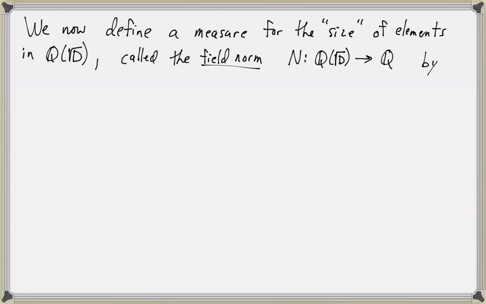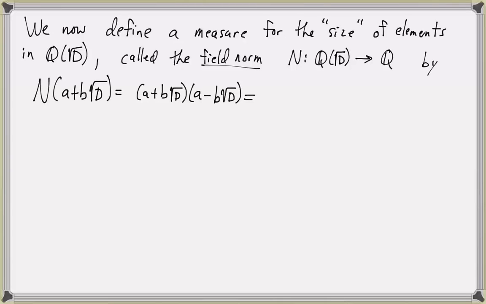So N of a plus b square root of capital D will be defined as a plus b square root of D times its conjugate a minus b square root of D. So this will equal a squared minus b squared times capital D, which, since a, b, and capital D are rational numbers, is a rational number.